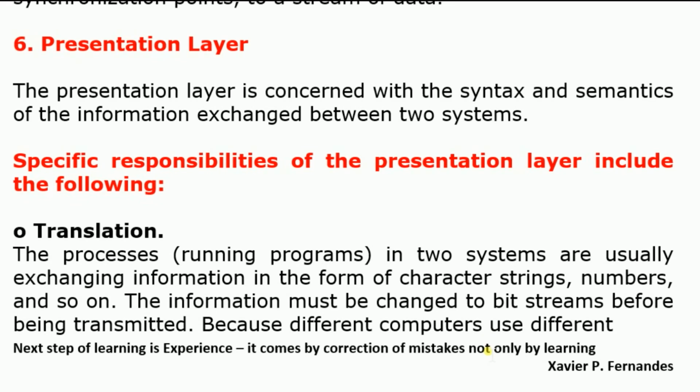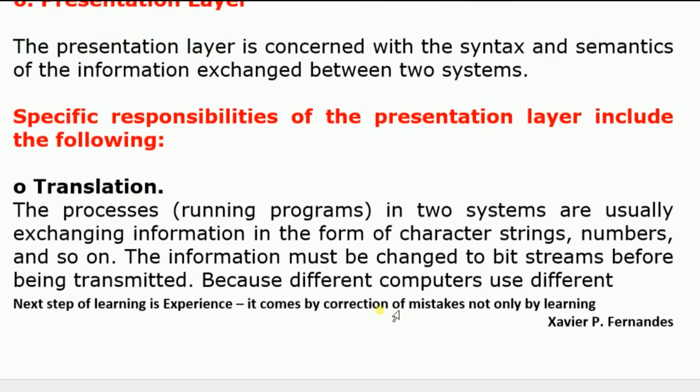And the sixth one, the presentation layer, is concerned with the syntax and semantics of the information exchanged between two systems. It controls the syntax and semantics, the rules and regulations related to the process.